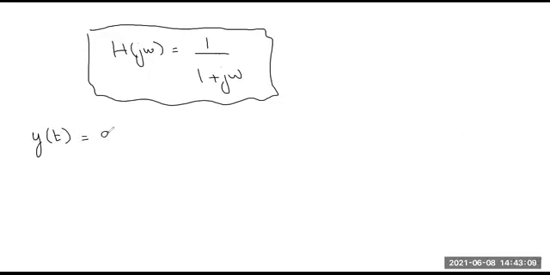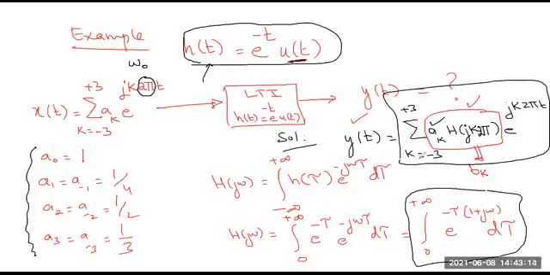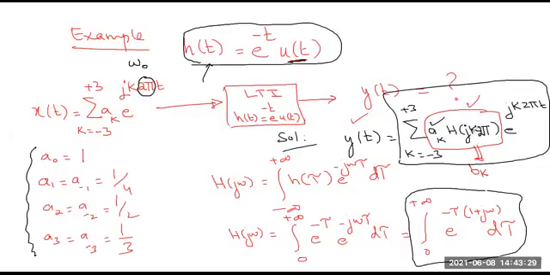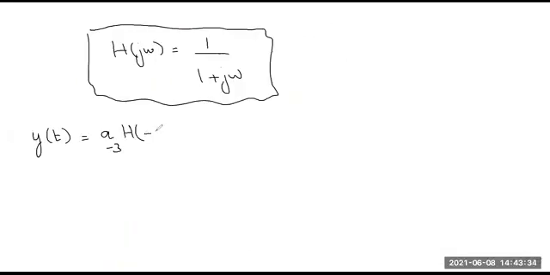The output will be equal to, let me take the value of -3, let's start from -3. So we will get a of -3 and h of -j3 2 pi.